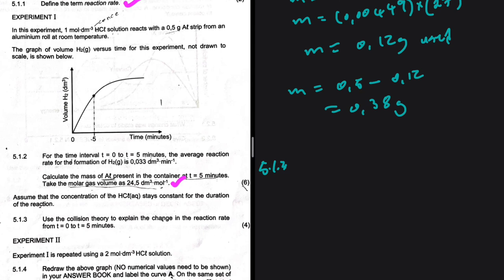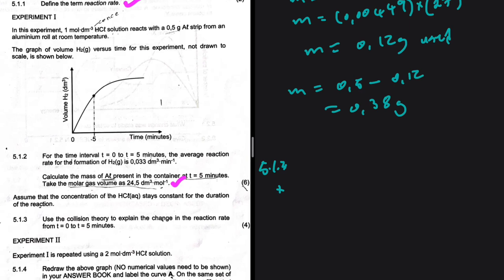So how can we phrase that? That is for 4 marks. So as the reaction proceeds, I'm not going to write it down because it's a lot. Essentially, as the reaction proceeds, the number of moles of aluminium are getting used up. When the number of moles of aluminium are getting used up, we have less number of moles, and clearly we're going to have less effective collisions per unit time.